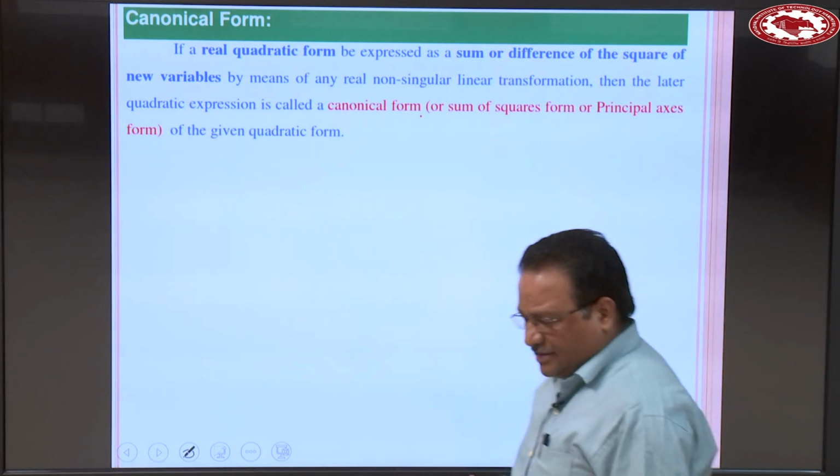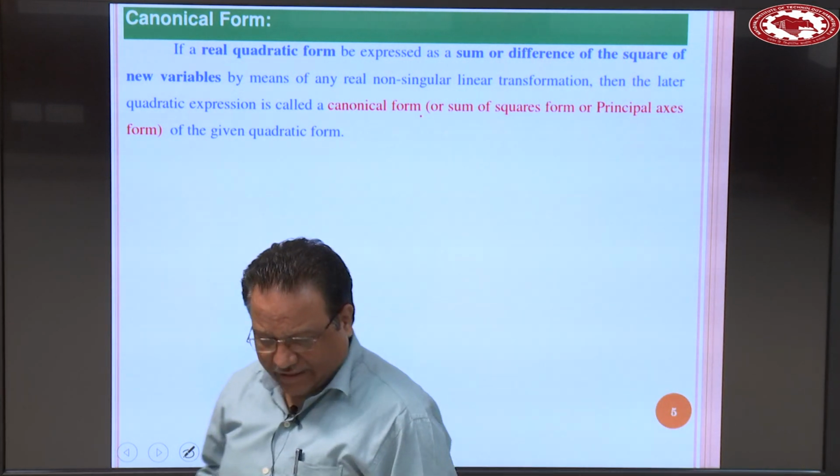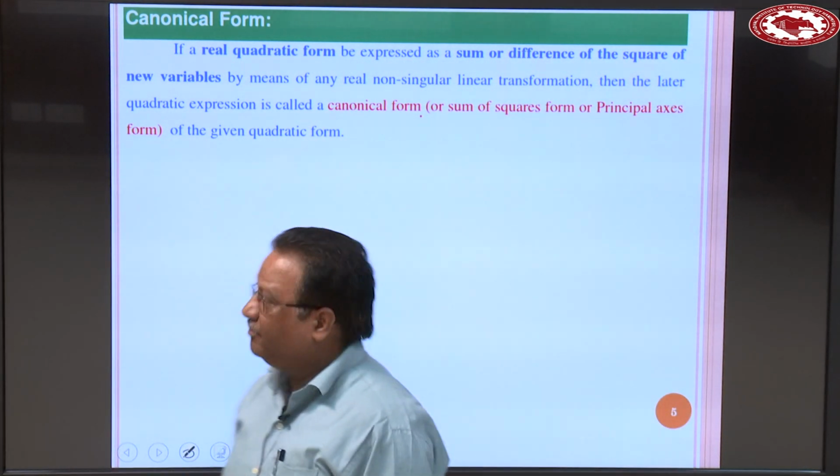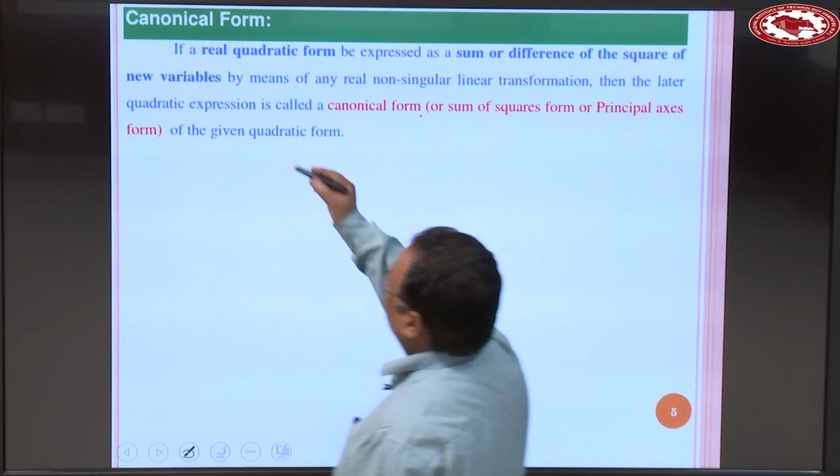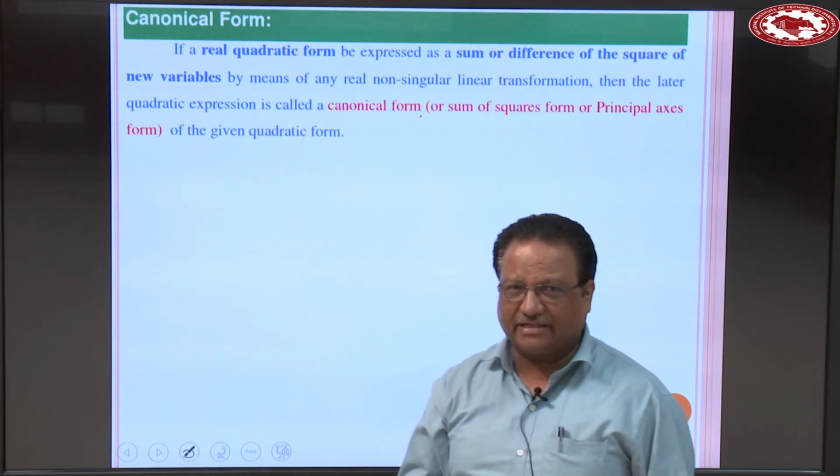Now, next, what is canonical form? If a real quadratic form, and real quadratic form you know x'Ax, right?